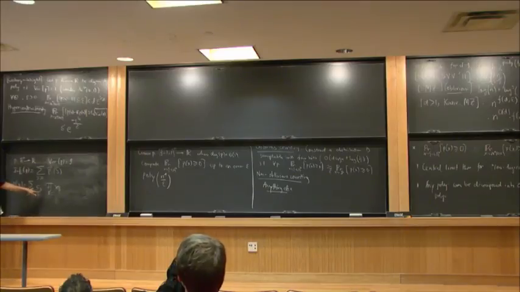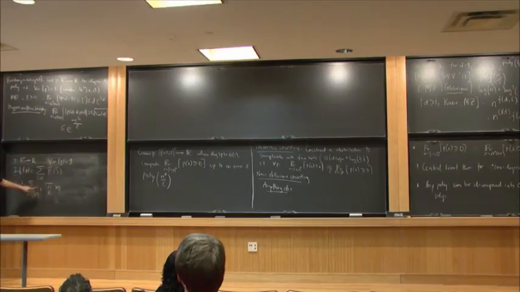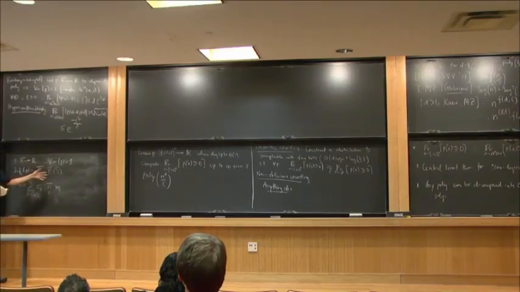Since p(x) is a multilinear polynomial, I can represent it as a sum over all subsets S of 1 to n, identifying each coefficient with a subset, and let c sub S be the corresponding coefficient, times x sub S, the product of the variables in S. Then the influence of the ith variable in p is the sum of squares of all the coefficients of the subsets to which i belongs.